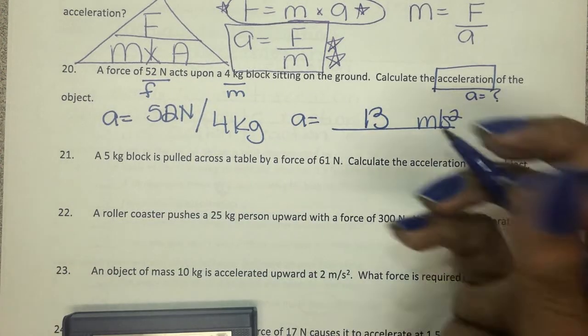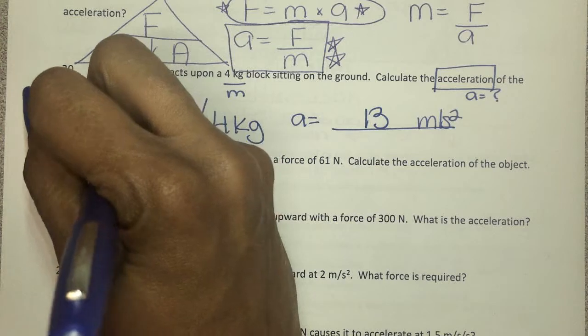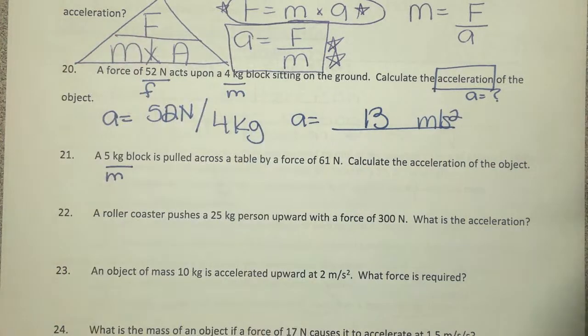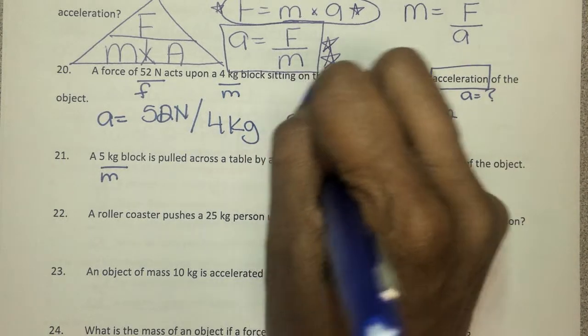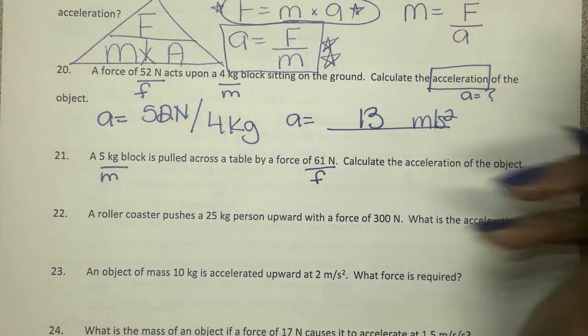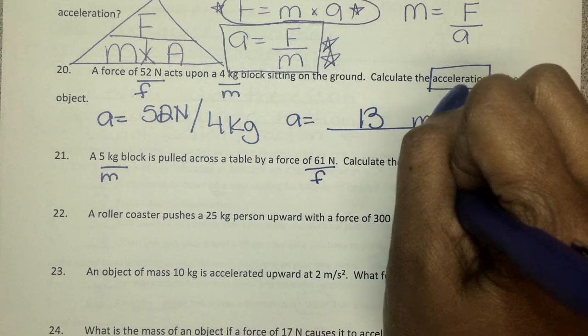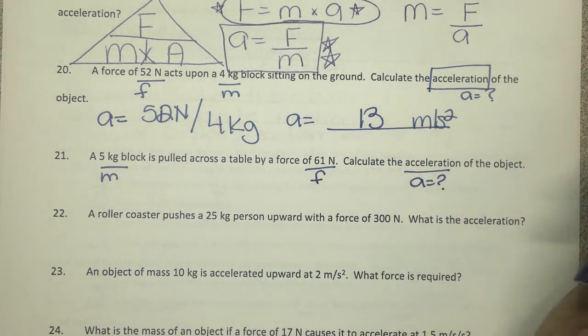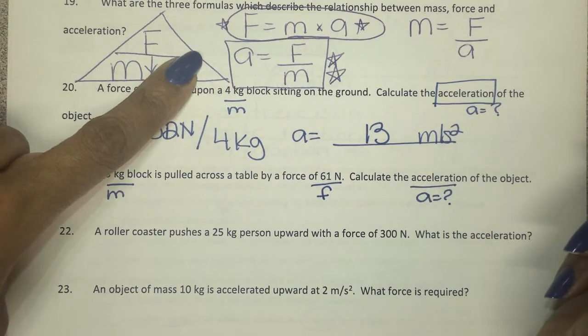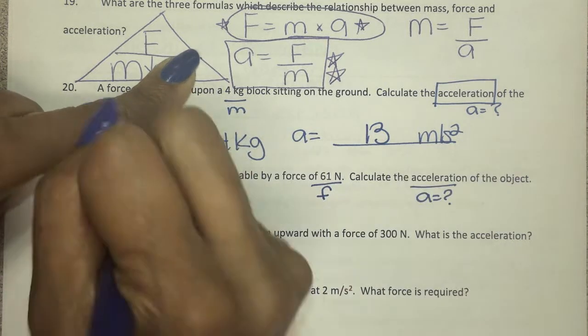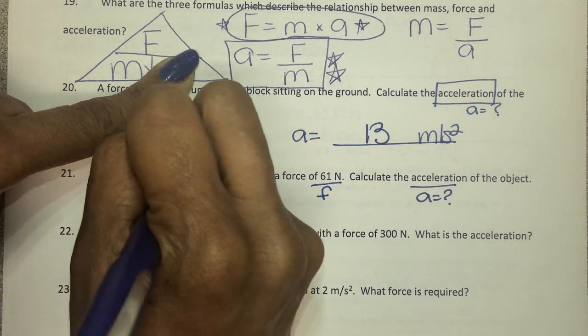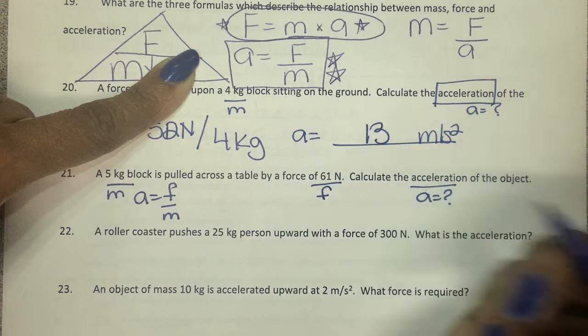All right, number 21. A 5 kilogram block, that's your mass, is pulled across a table with a force of 61 newtons. Calculate the acceleration. Again, I come over to my formula and cover up the A. Acceleration is force divided by mass.